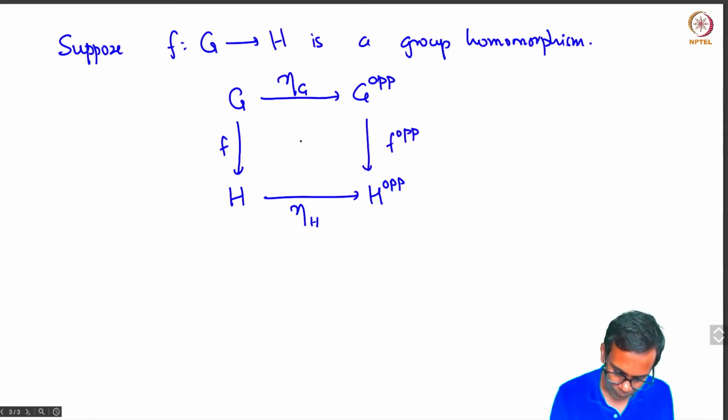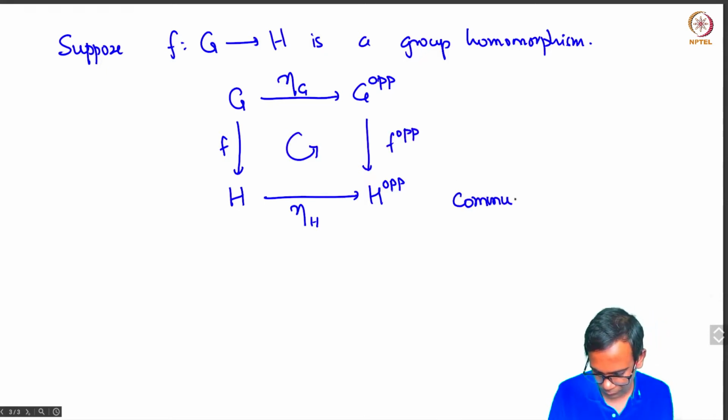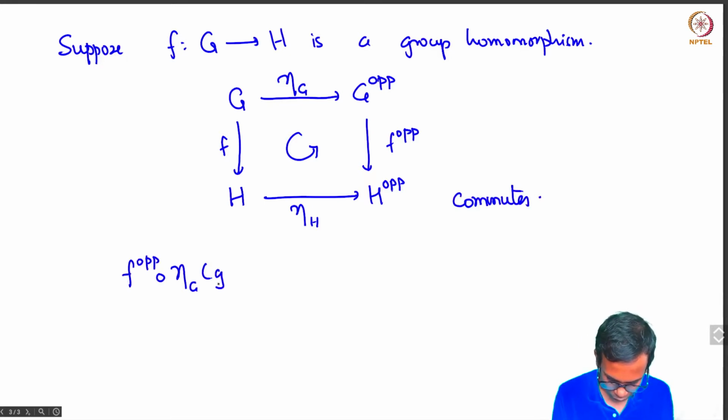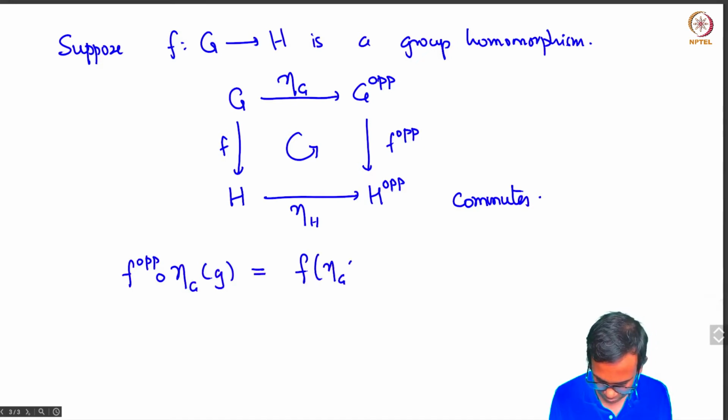And this diagram commutes. In other words, F op circle eta G of g is equal to F op of eta G of g, and because F op is just defined as F, that is F of g inverse.